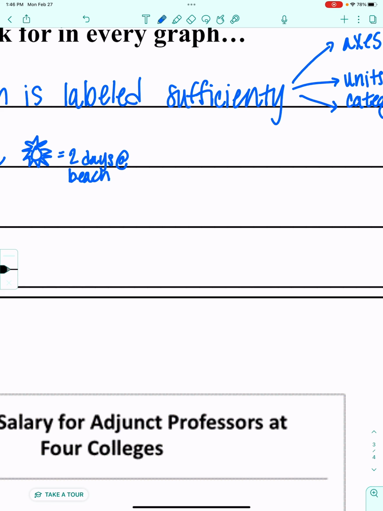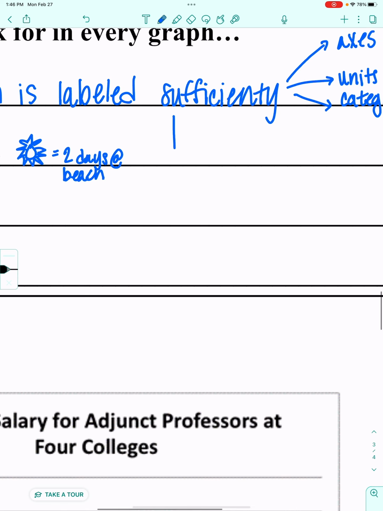Make sure that on a graph, if your y values are counting by 50s, that it's labeled, and it's labeled correctly. Make sure that one doesn't go by 50s and the next one goes by hundreds. So be careful there.